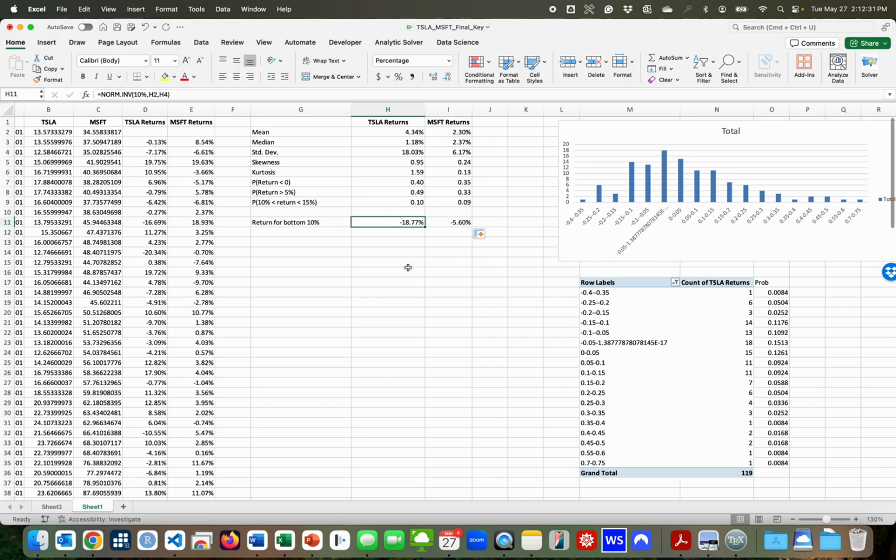Let's drag this over for Microsoft. So this tells us that we would expect to observe a return that's less than negative 18.77% approximately 10% of the time for Tesla. And for Microsoft, we would expect to observe returns less than negative 5.6% approximately 10% of the time.